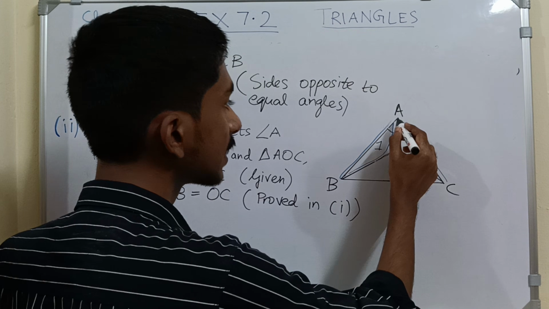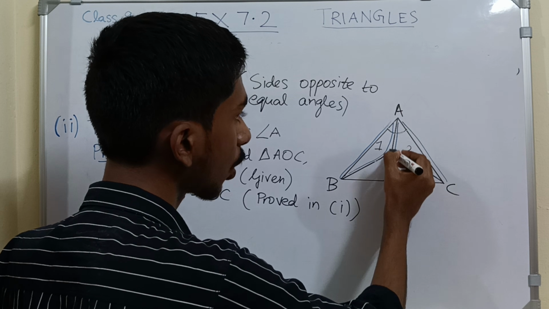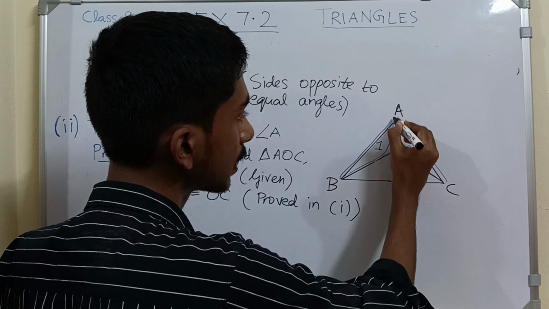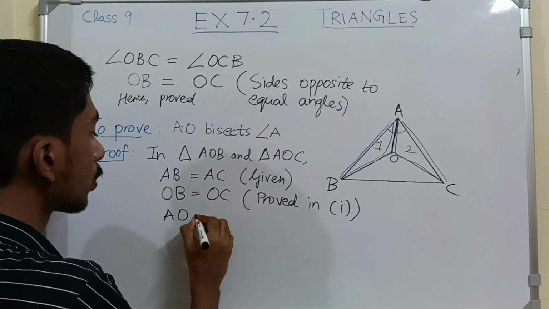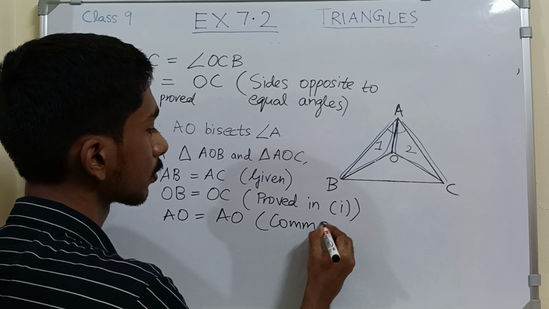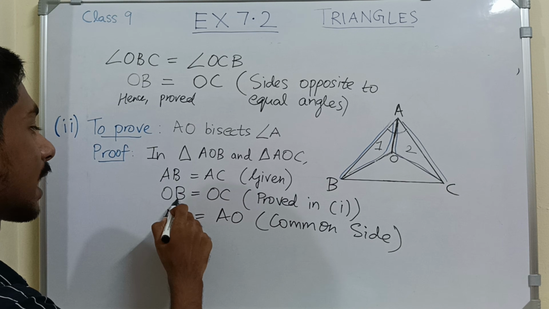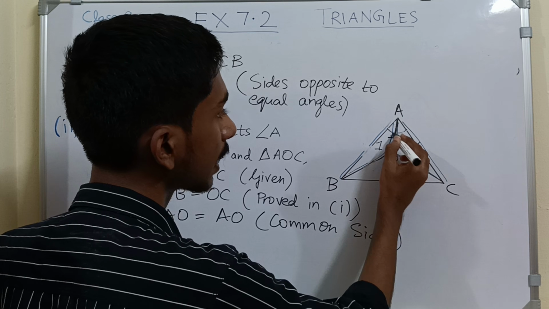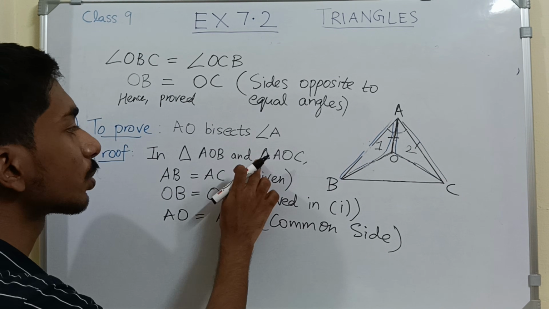And you can see that in triangle AOB and AOC, both these triangles share this common side AO. So AO is equal to AO, common side. So we have side, side, side, S S S. All are sides. So by SSS congruency rule, these two triangles are congruent.